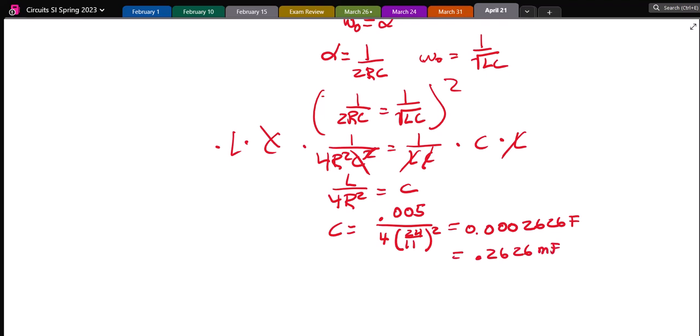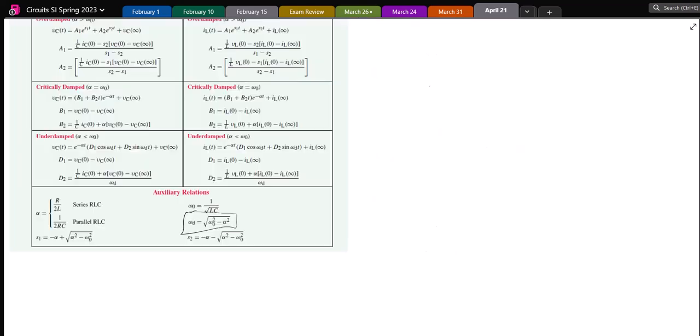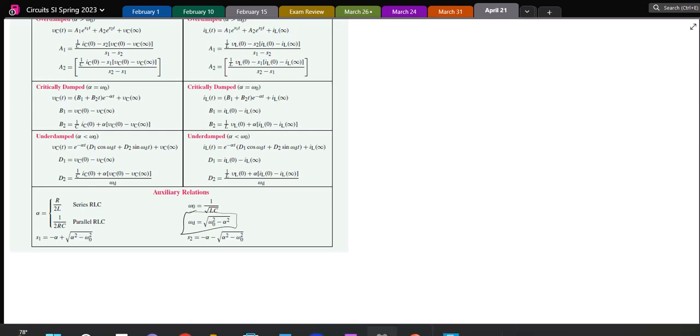Okay, so the next thing it asks for is to use the value of C that we found here to find iL(t) for t greater than or equal to 0. We know that we made it critically damped. That's how we set it up. It has to be critically damped.